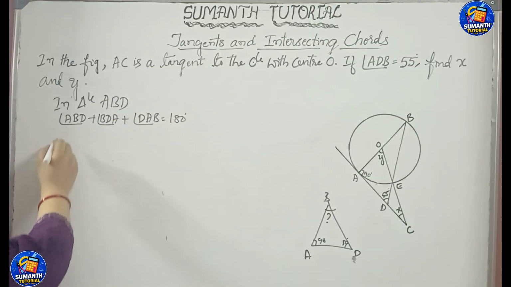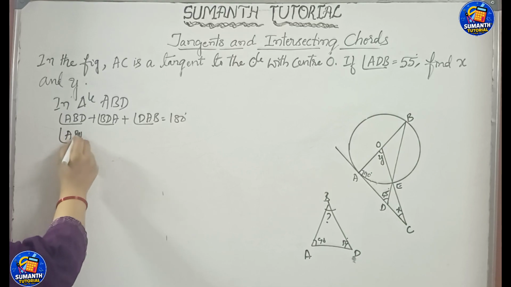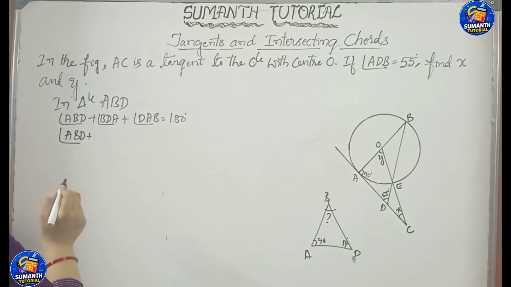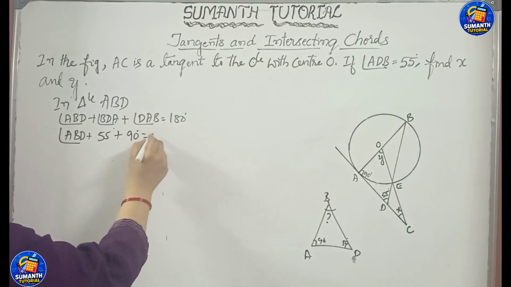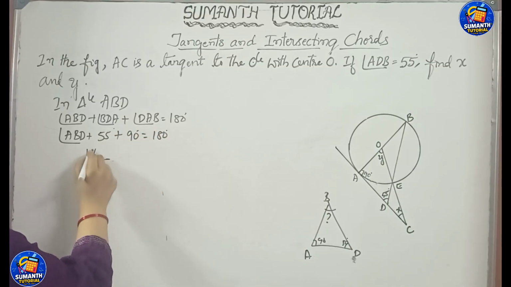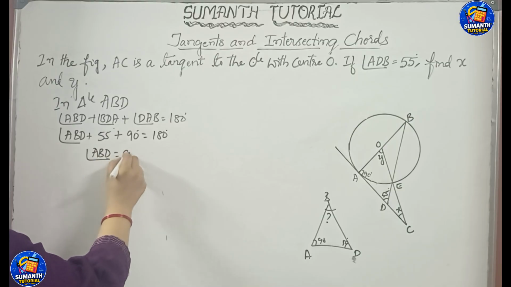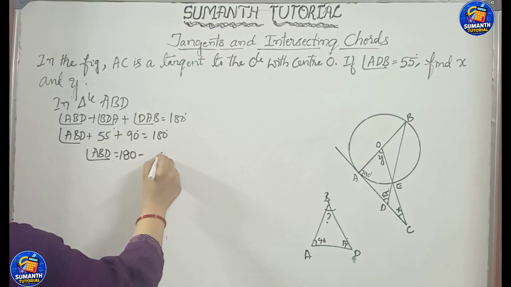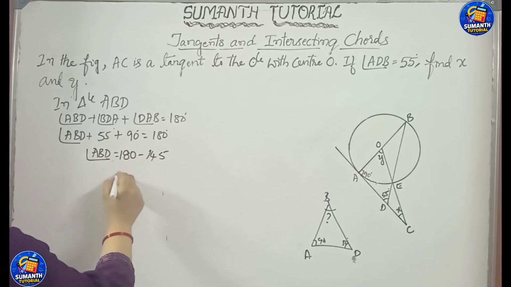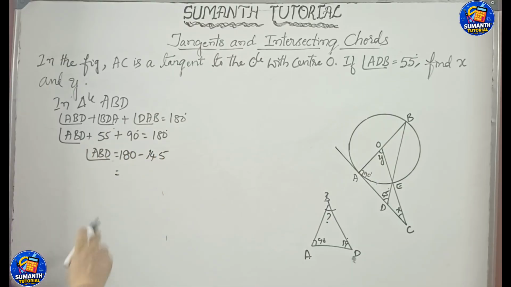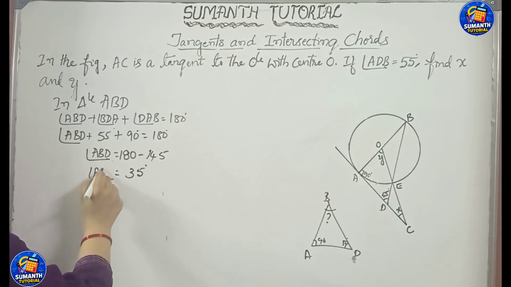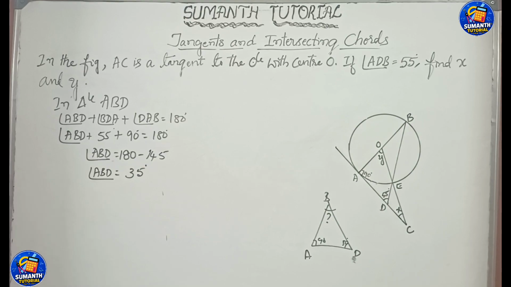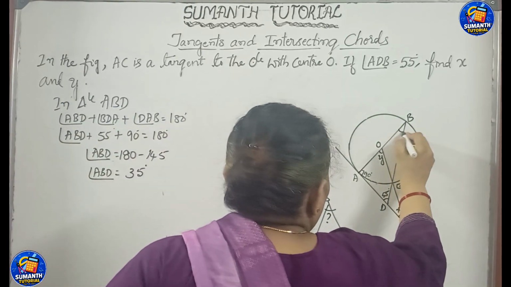We don't know, so let us leave it as it is. Angle BDA is 55 degree plus DAB is 90 is equal to 180 degree. So angle ABD is equal to 180 minus 145 degree, which is 35 degree. So angle ABD is equal to 35 degree.